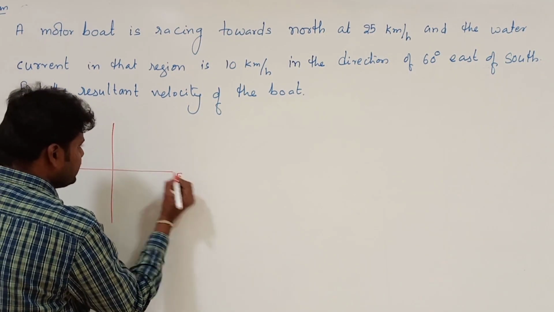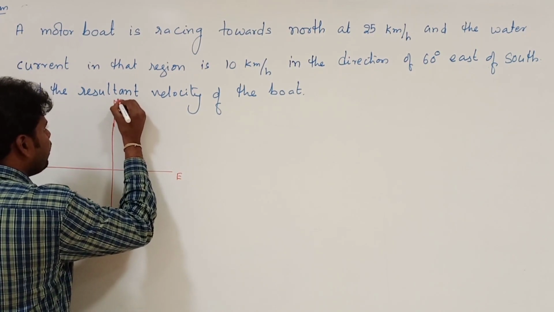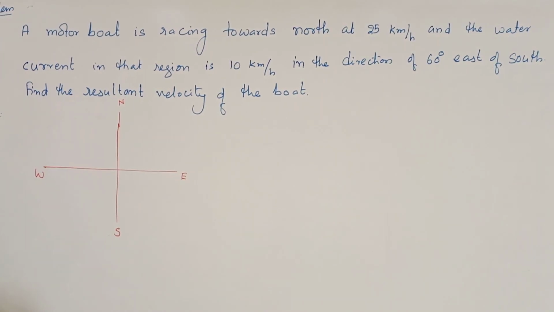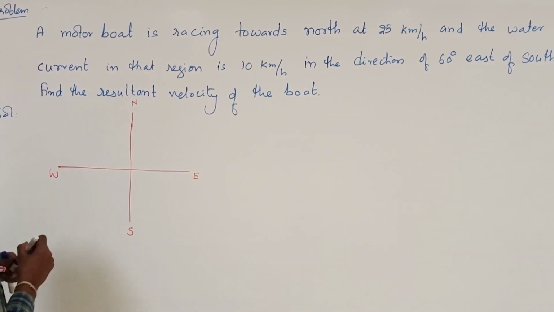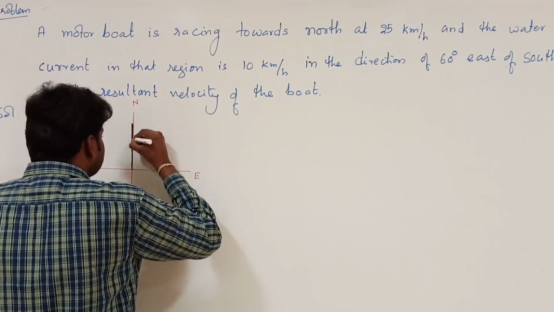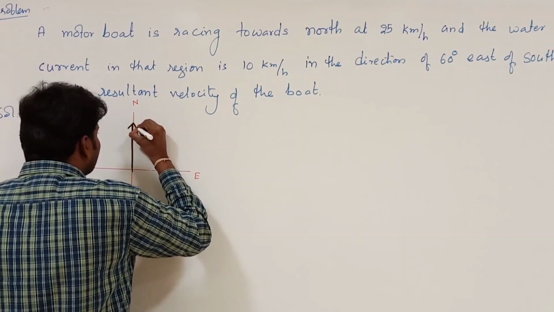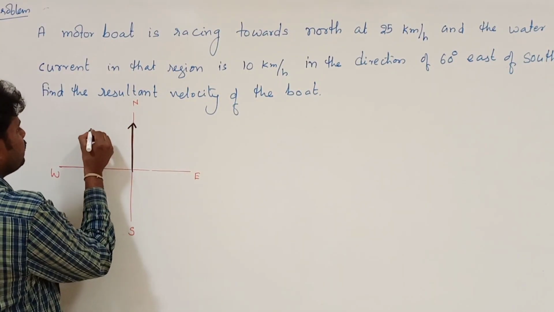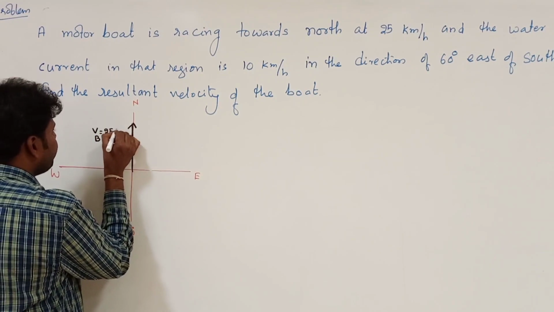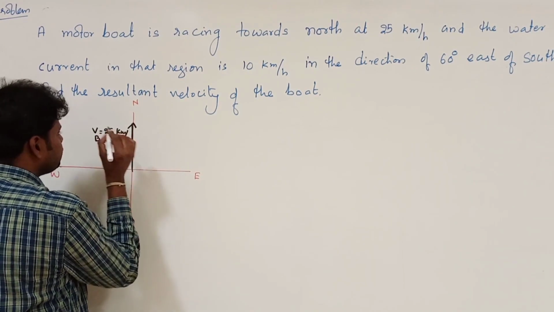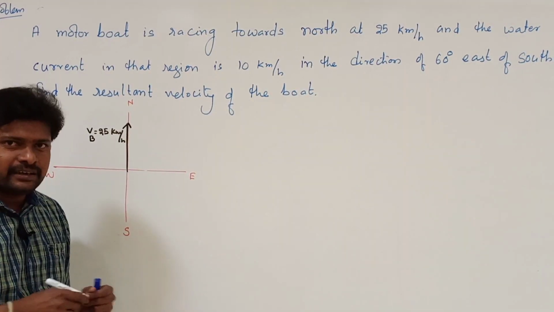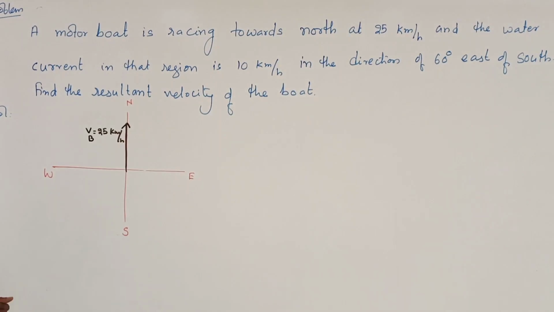First, this is east and north, west and south. The boat is racing here towards the north direction with velocity VB. I am writing it as 25 kmph. Sometimes we need to convert into meters per second, but here I think it is not required.